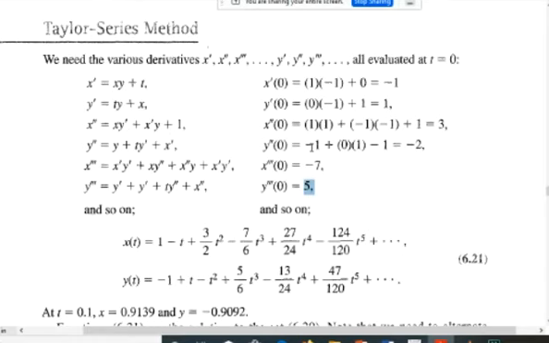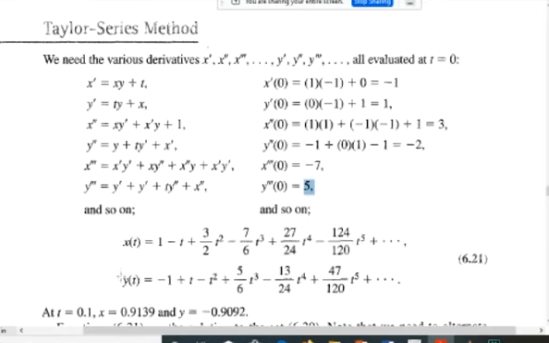When we use the Taylor expansion of x as a function of the independent variable t, x equals the value of x at 0, plus the value of its first order derivative at 0 multiplied by t, plus the value of the second derivative of x, which is 3, divided by 2 factorial, multiplied by t squared, and this method continues for evaluating x.